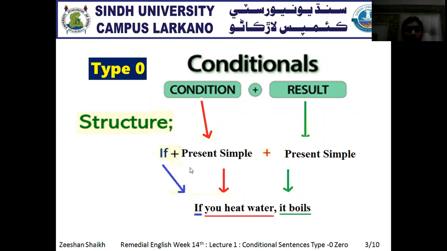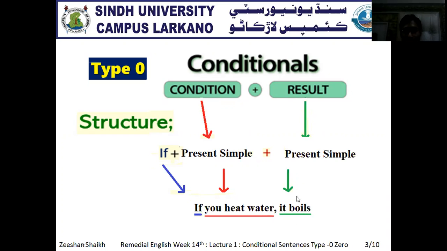How is it a condition? Because this word if is given, that's why it is known as the condition of your present simple. And what will be the result? Definitely, whenever you heat the water, it will boil. Clear? It boils the water.